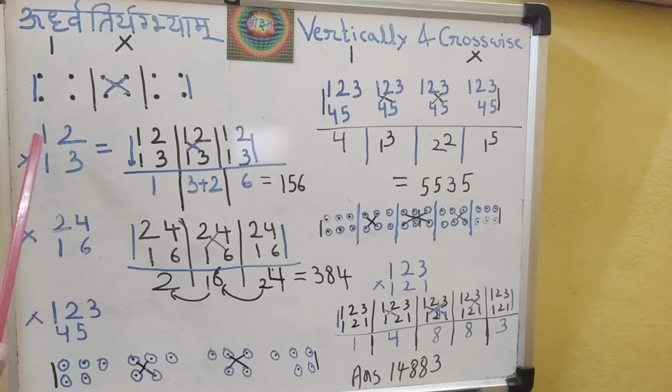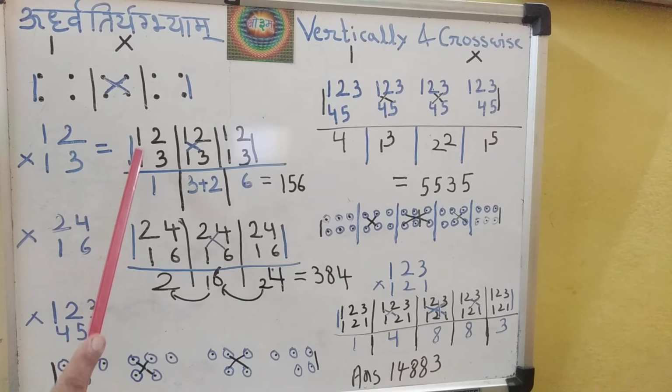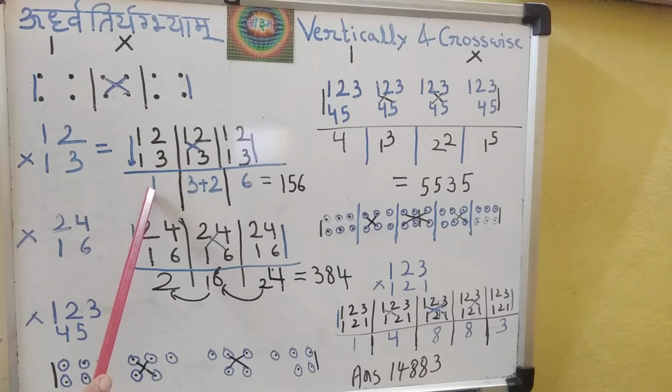The method is carried out in 3 steps. As we have two 2-digit numbers, overall 4 digits, 1, 2, 3, 4, the number of steps is 4 minus 1, that is 3 steps. We can multiply from left to right or from right to left. Here we multiply from left to right. First we multiply tens place digits, 1 into 1, that is 1 only.